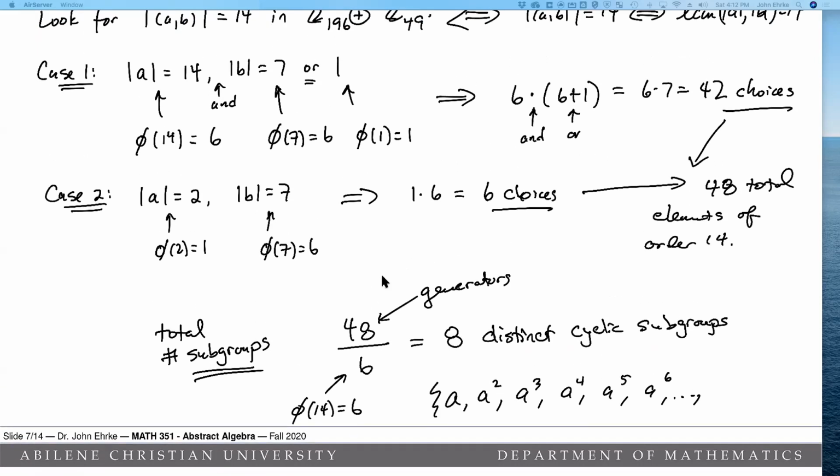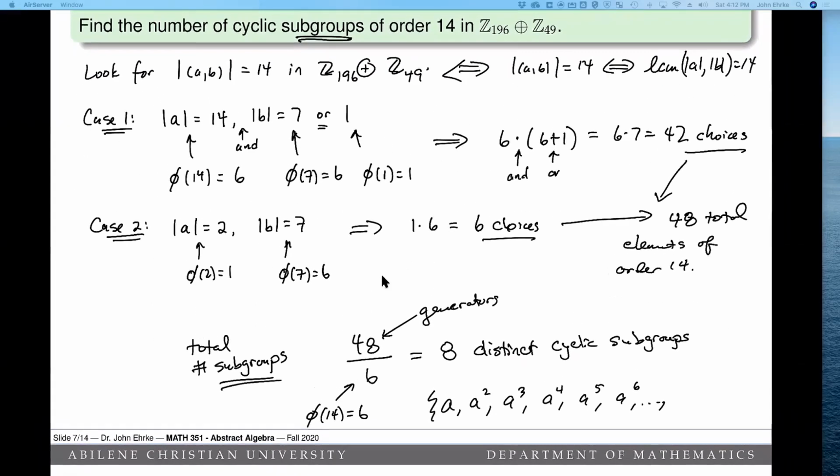And if the element A has order 14, then eventually this will conclude with A to the 13, because when you get to A to the 14, you will get E. So that is going to be your 14 elements. The problem with that is, since we know that the group itself has only 6 elements of order 14, then you divide by 6 to get the distinct ones, because there's going to be some overlaps between the cyclic subgroups that are generated by these 48 different elements of order 14.